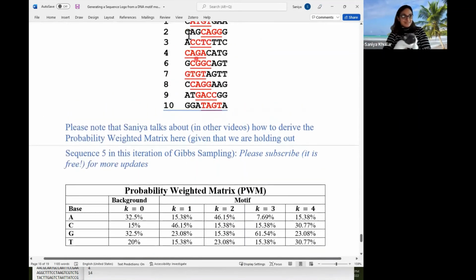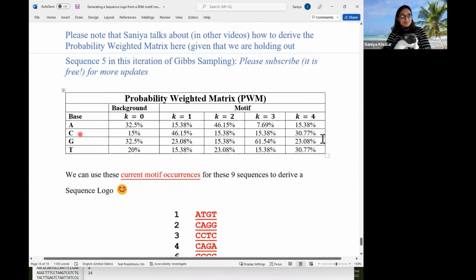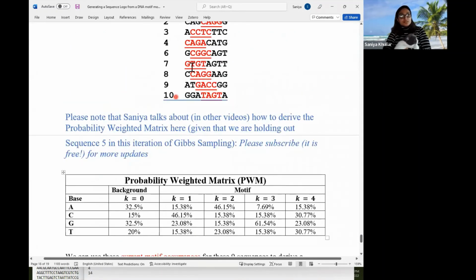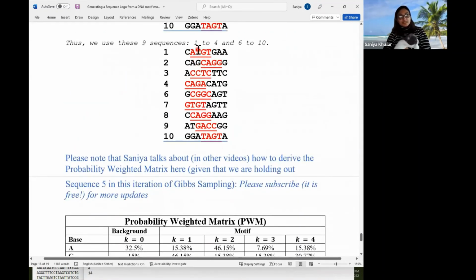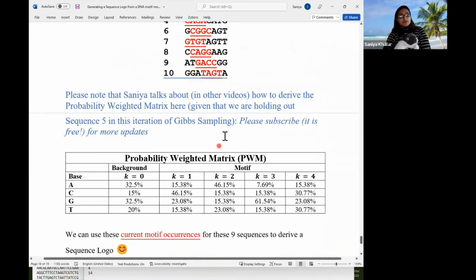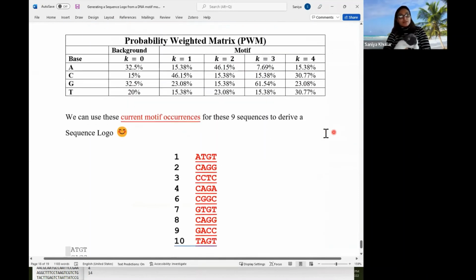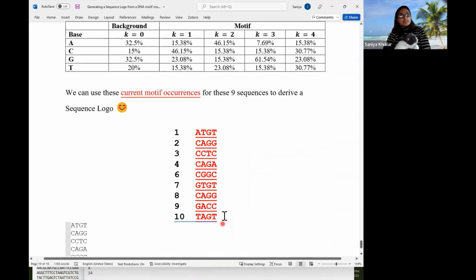And again, we ended up talking through how we get this probability weighted matrix and the formulas that we use. So we have the background and the motif, and we can also use these motif occurrences for these 9 sequences because we end up using these 9, minus sequence 5, to get this probability weighted matrix. So I thought it would be interesting to show you what the sequence logo looks like for these 9 sequences.